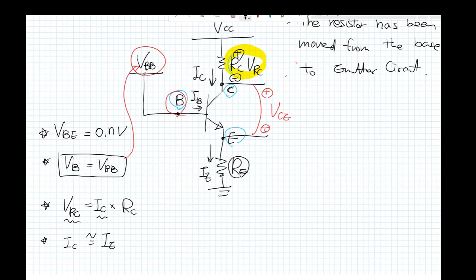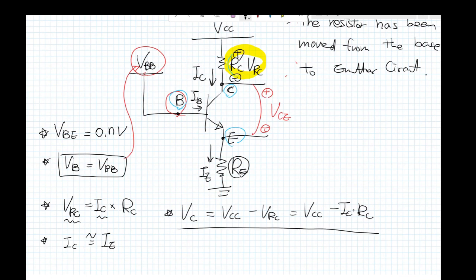And then same thing. V sub C is equal to V sub CC minus V sub R sub C, that is V sub CC minus I sub C times R sub C. Okay, like this one.